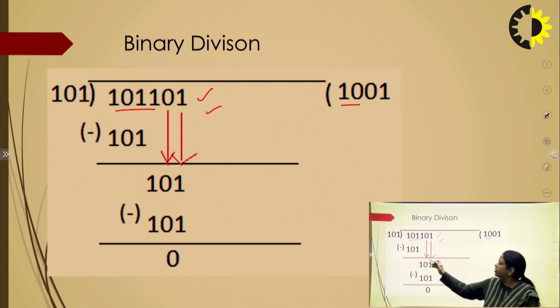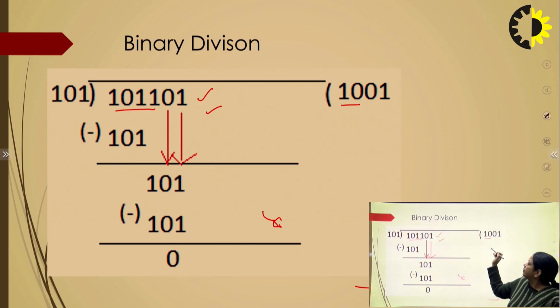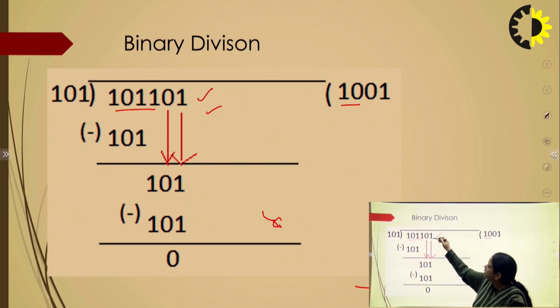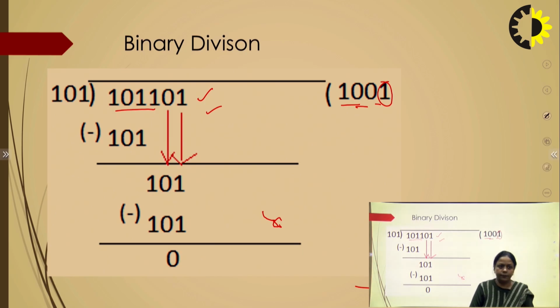Then we will get 0. Then we will have 0 1 here, and again we will divide it with 0 0, because we have taken 2 bits here, so we have 0 and 0, and again we will divide it with the 1. So this is another example of division.